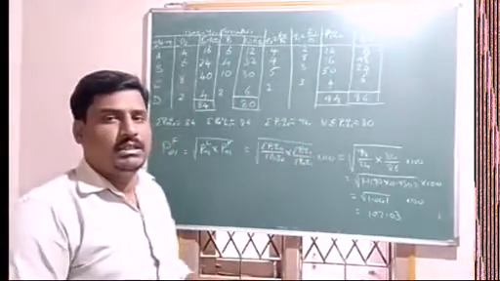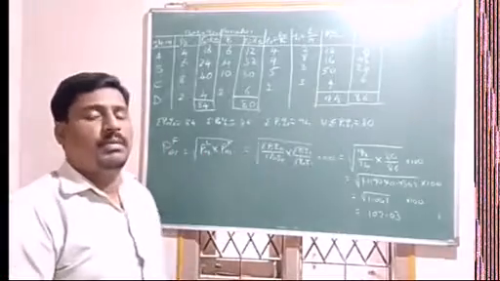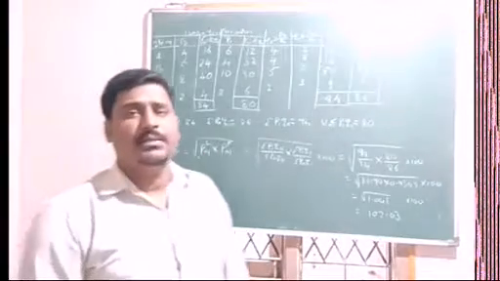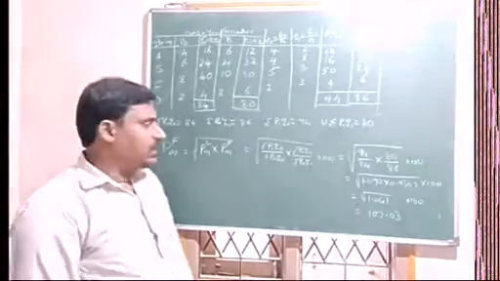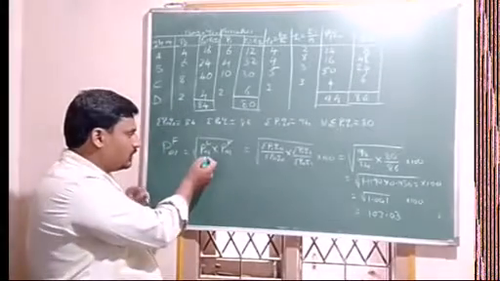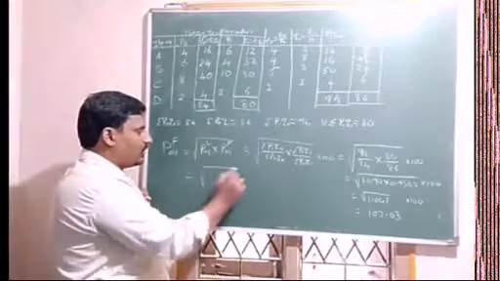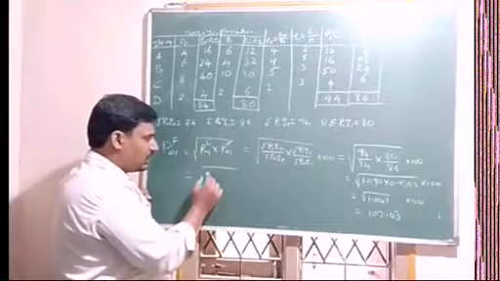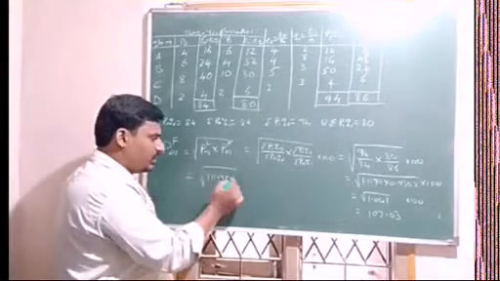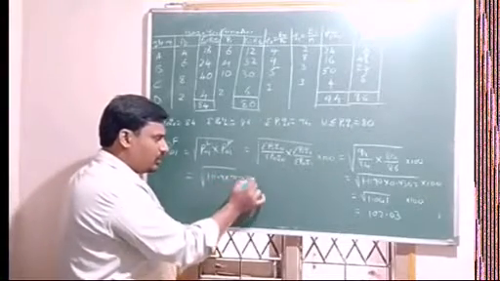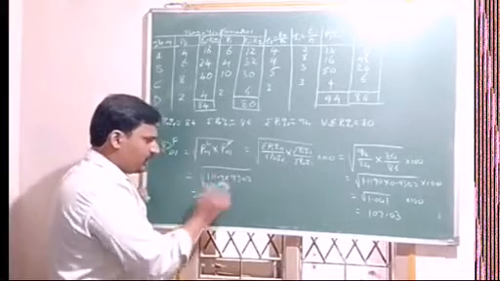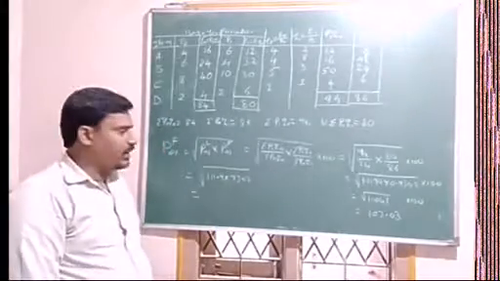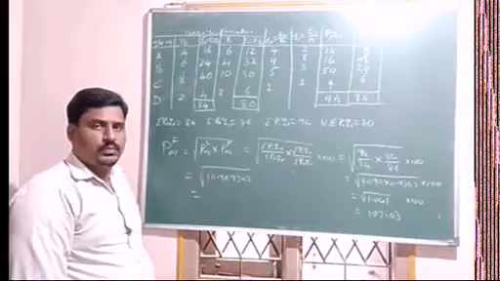So the answer is similar to both Marshall-Edgeworth and Dorbish-Bowley here. They are similar, not exactly, but a similar answer we get. And if you use this formula, Laspeyres price index number 111.9 into 93.02, find the answer for this. 111.9 into 93.02 and root.